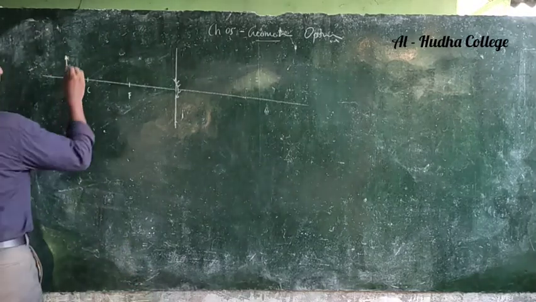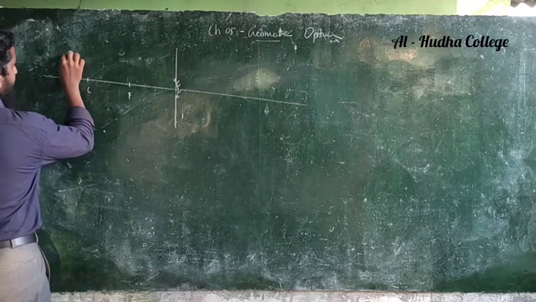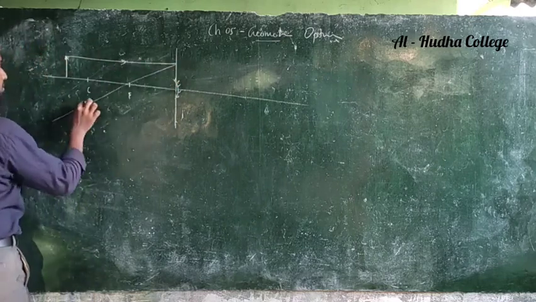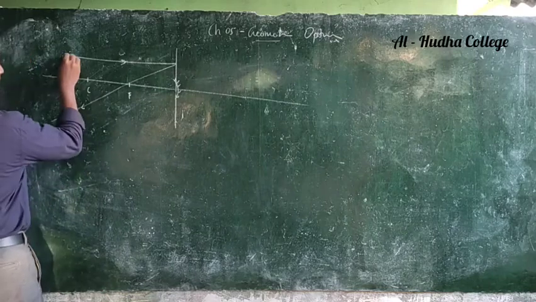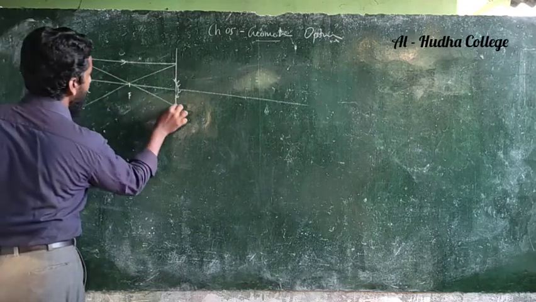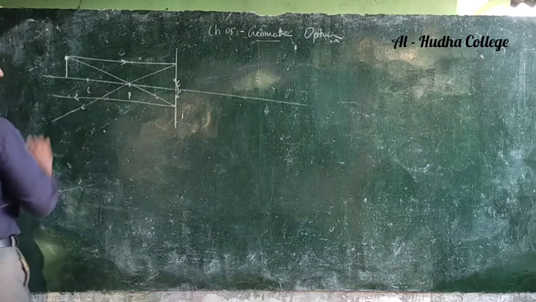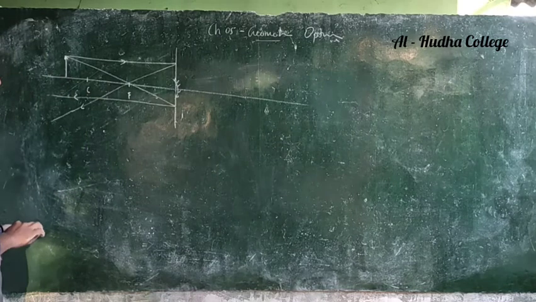I select the first two rays. The ray which is going parallel to the principal axis goes through the focus. The ray which is coming through the focus goes parallel to the principal axis.